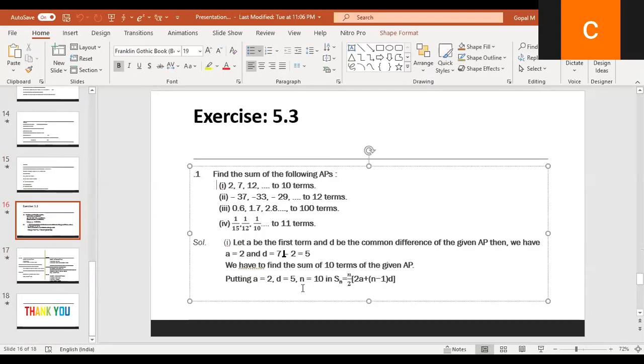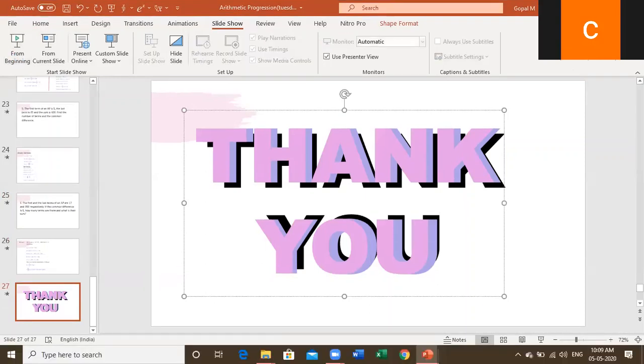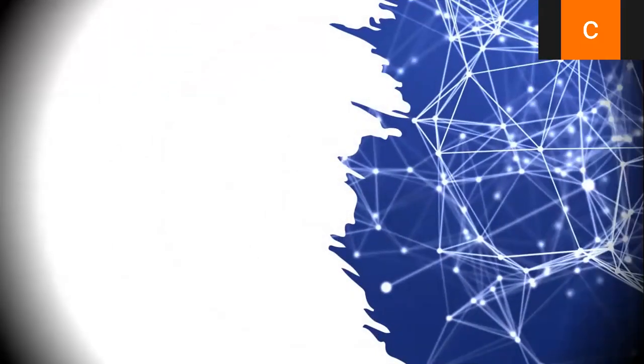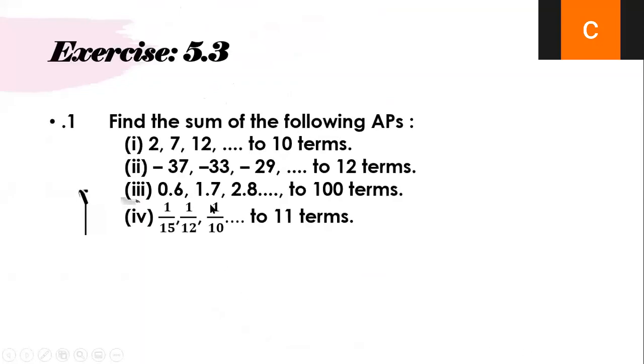So these are the first 4 sums in exercise 5.3. Find the sum of the following APs. First question: 2, 7, 12, dash, to 10 terms.